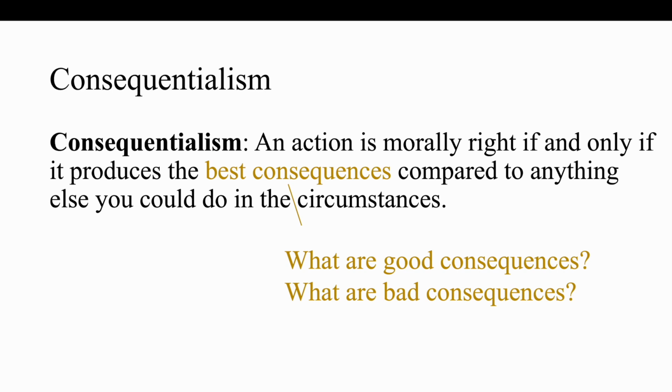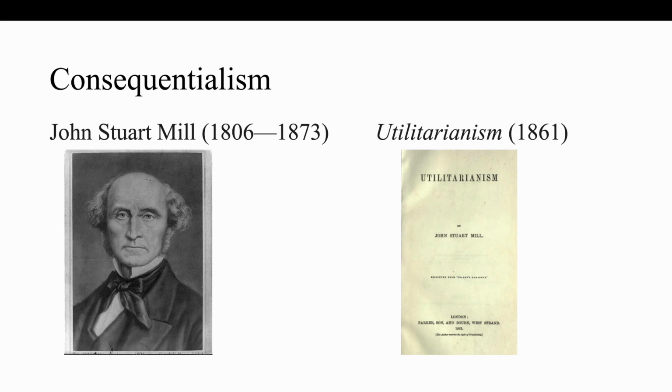So, in order to actually complete consequentialism and make it a more precise and full moral theory, we have to pair it with an account of what good consequences are and what bad consequences are.